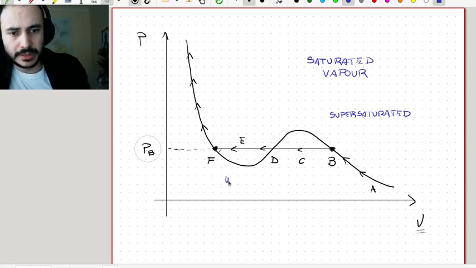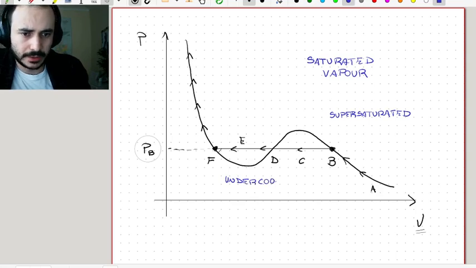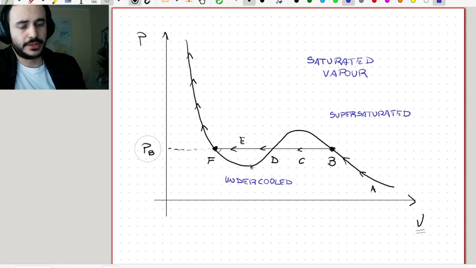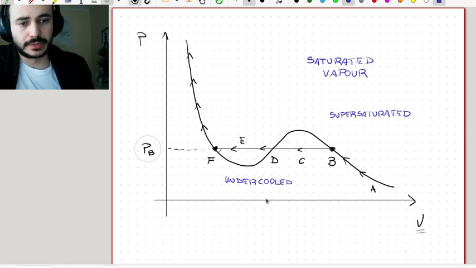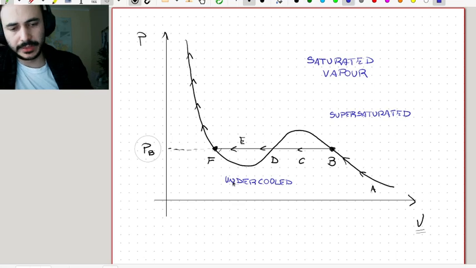But these are called undercooled states. Why undercooled? Because if you have a liquid and you manage to have a liquid at pressures below the saturation pressure for that isotherm, well, it would look like it's really in a different isotherm of a lower temperature. Okay, what is happening really is that the liquid is in an unstable phase anyway.